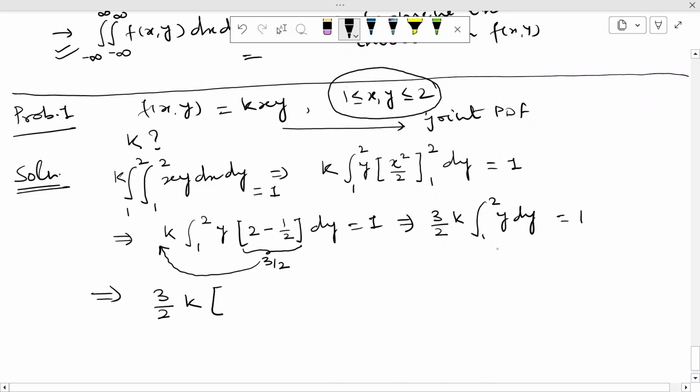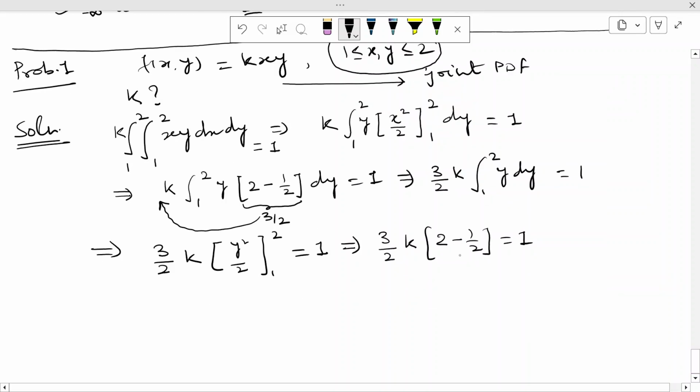When you integrate y with respect to y, we will obtain y square by 2, and our limits are 1 to 2, and we put this integral equal to 1. From here you will obtain 3 by 2k, and putting the limits, this is 2 minus 1 by 2, and this is equal to 1.